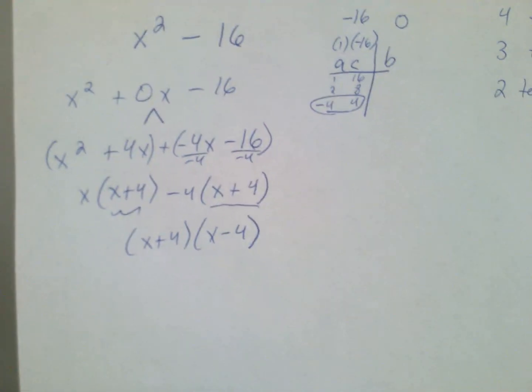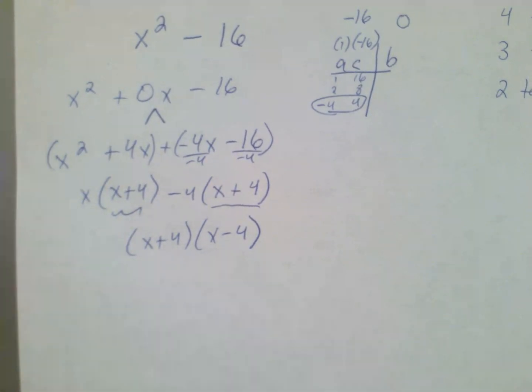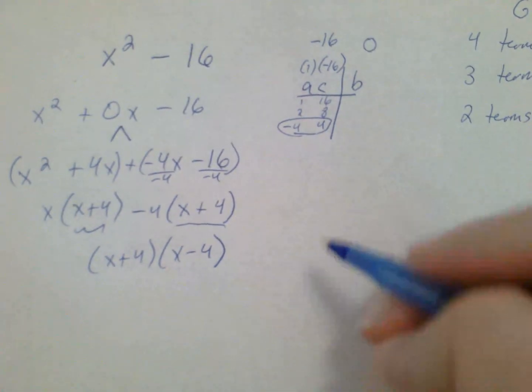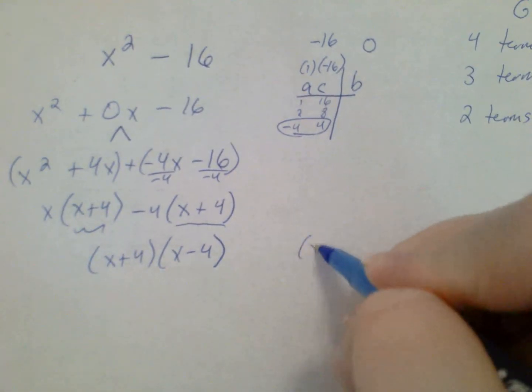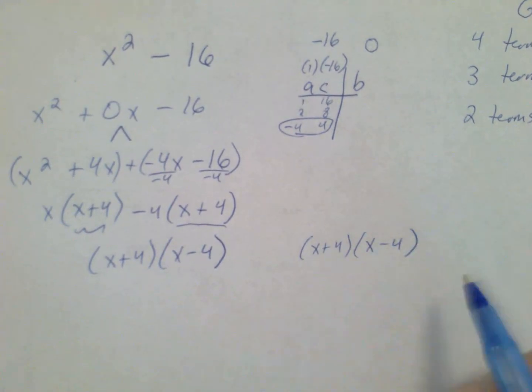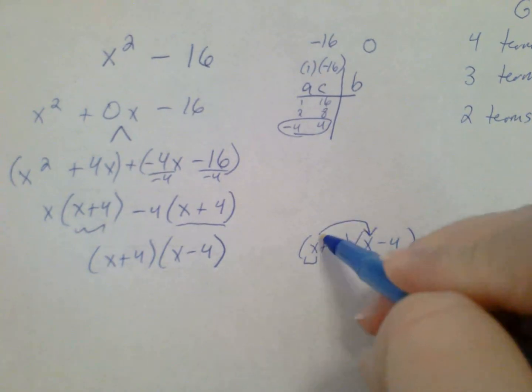Okay. We could always check that, and actually checking it might give you a little insight as to the shortcut here. So if you've got x plus 4 times x minus 4, and you do the FOIL, or the distributing, I'm going to take x times both.